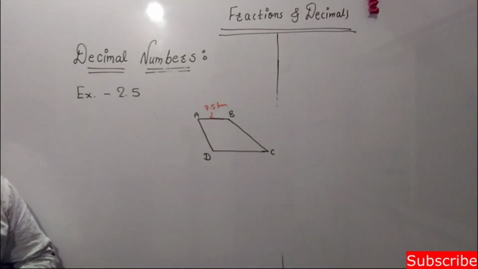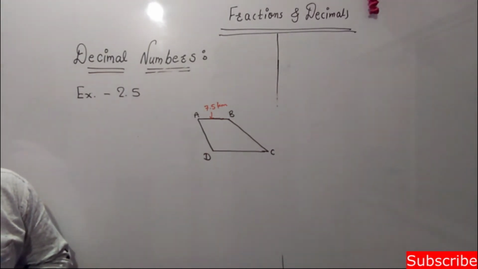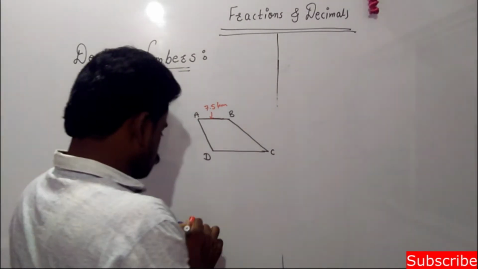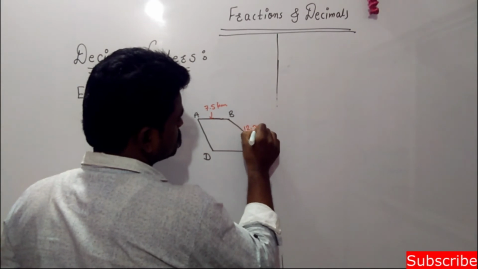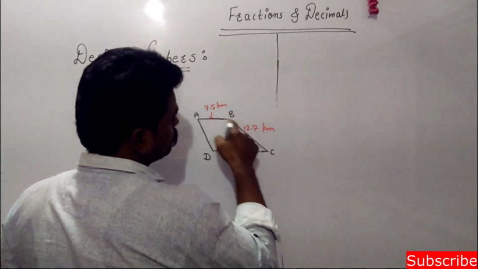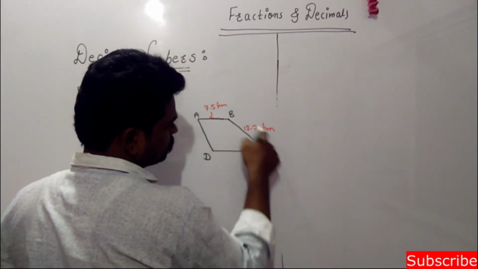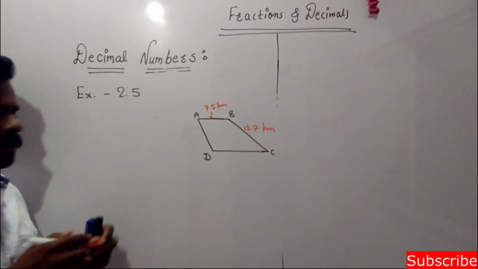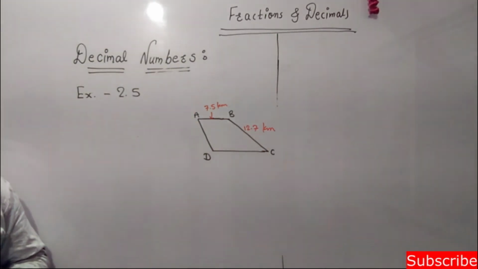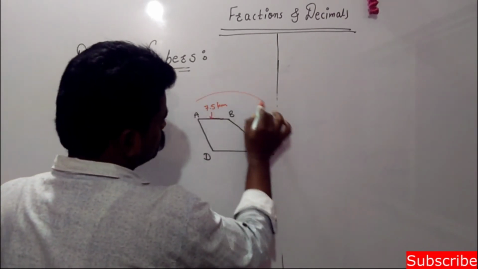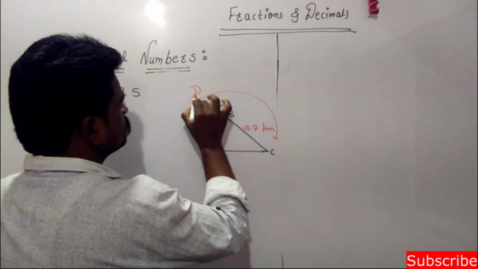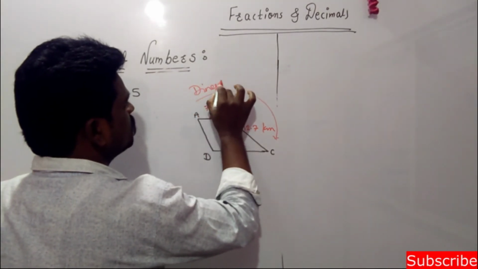Next sentence is like this: B is 12.7 kilometer from C. So the distance between B and C is 12.7 kilometer. This was the journey of Dinesh.